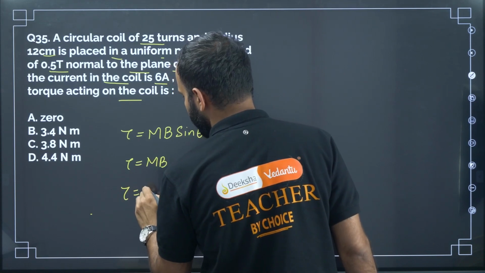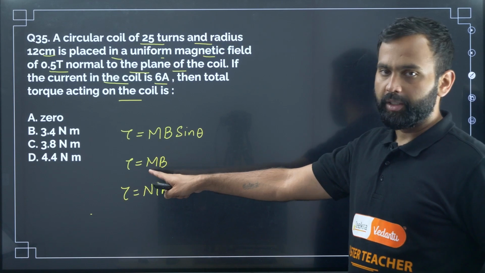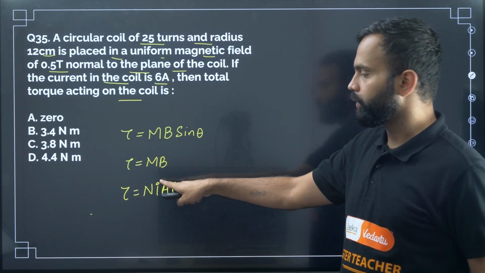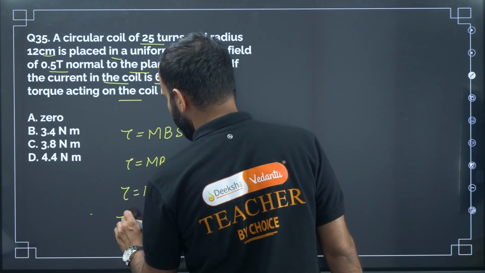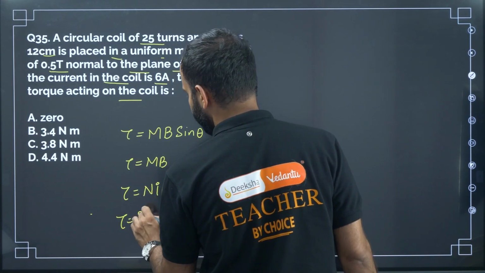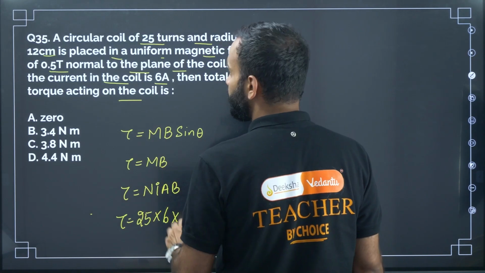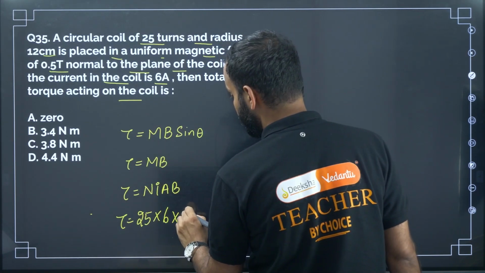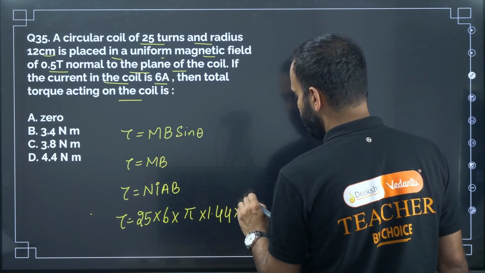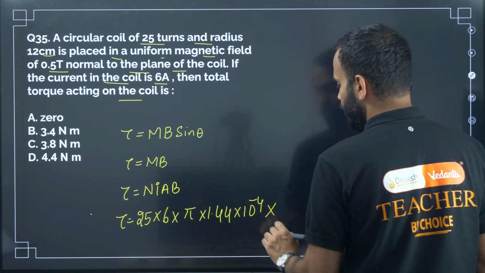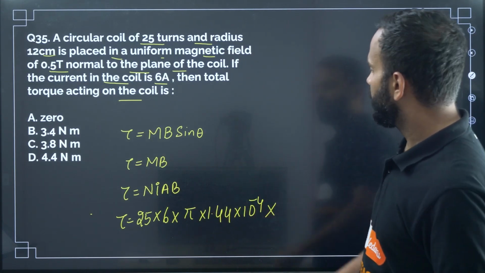So now tau equal to n I A into B. Magnetic moment is the number of turns into current into area of the coil, into the magnetic field. So now tau equal to n is 25 turns into I is 6 ampere into A is pi r square, that is pi into 1.44 into 10 to the power minus 2, into B. B is 0.5 Tesla.